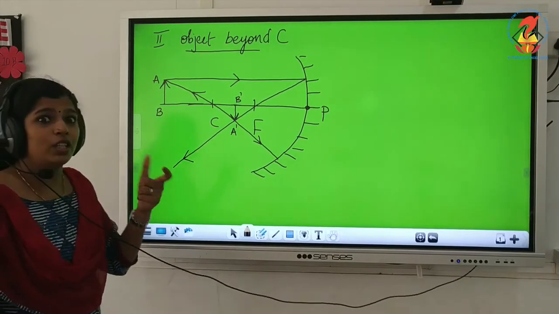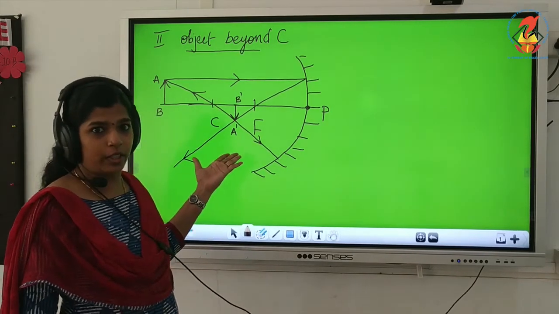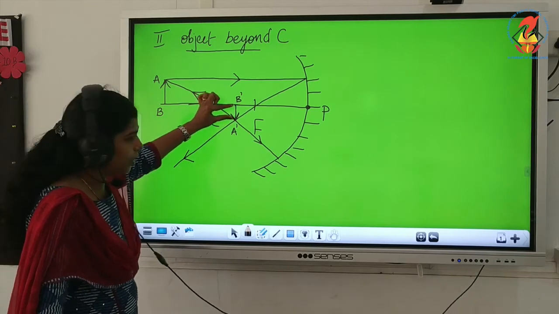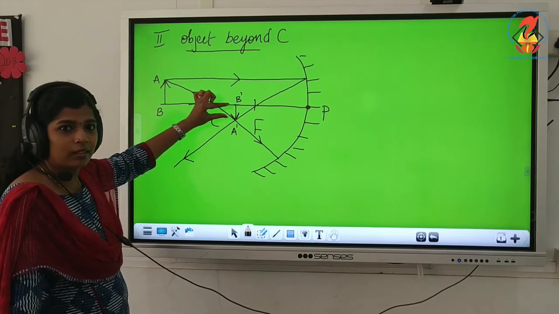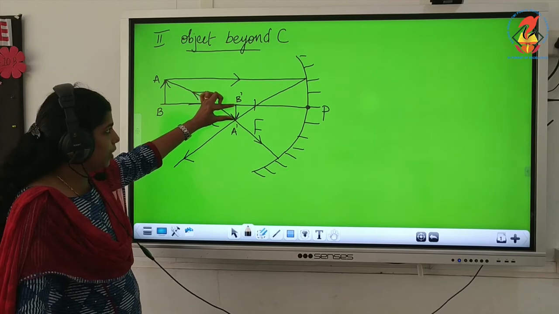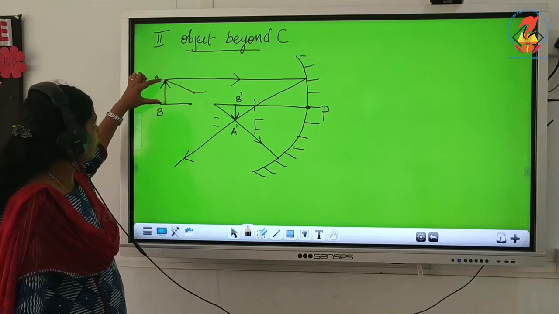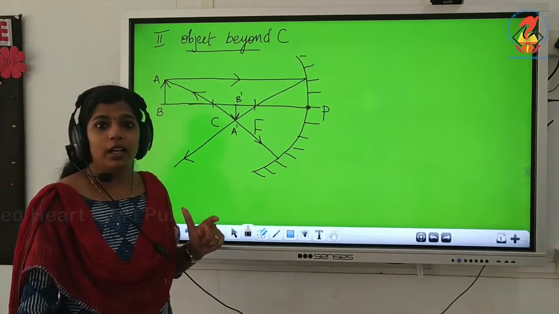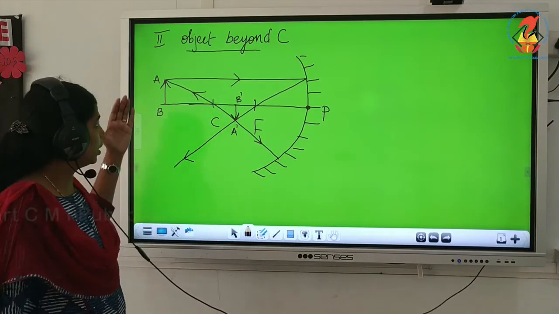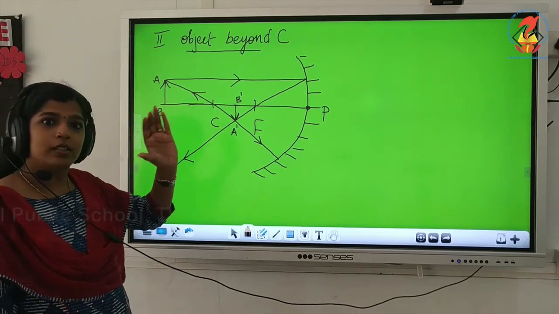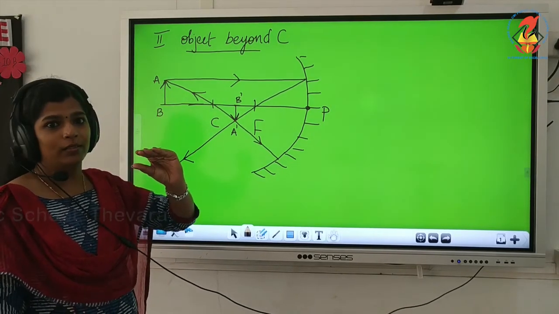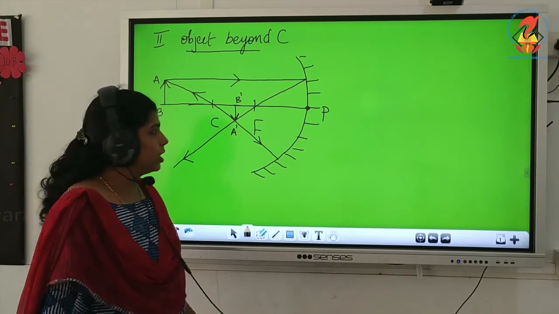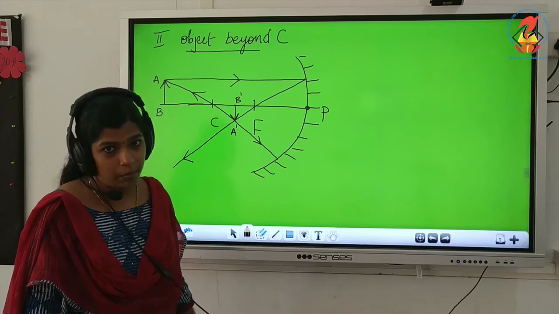Now, check the size of the image with respect to the object. The object is this much height. Image is this much height. So, when we compare the height of the image with that of the object, the size is small, or we will say it is diminished. So, the size of the image is diminished.